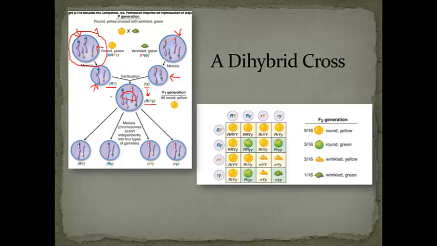When this individual goes through meiosis, because of independent assortment, we could wind up with round and yellow together, because the round and wrinkled separate and the yellow and green separate.